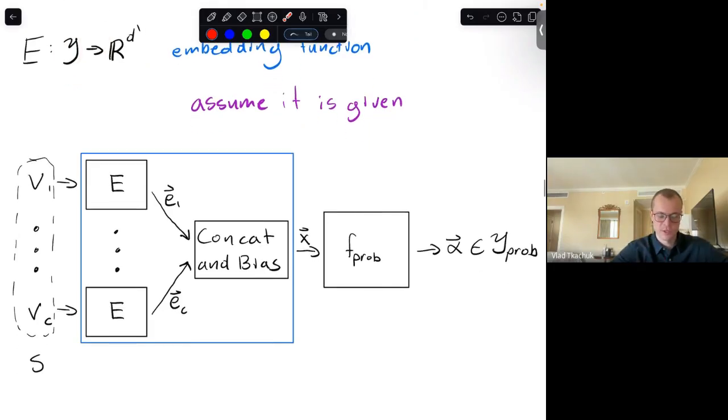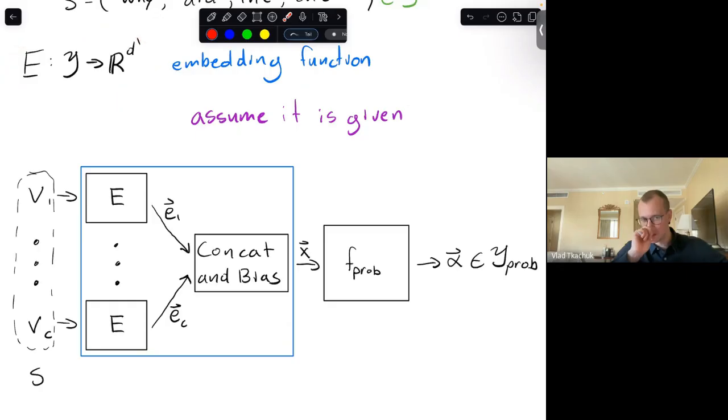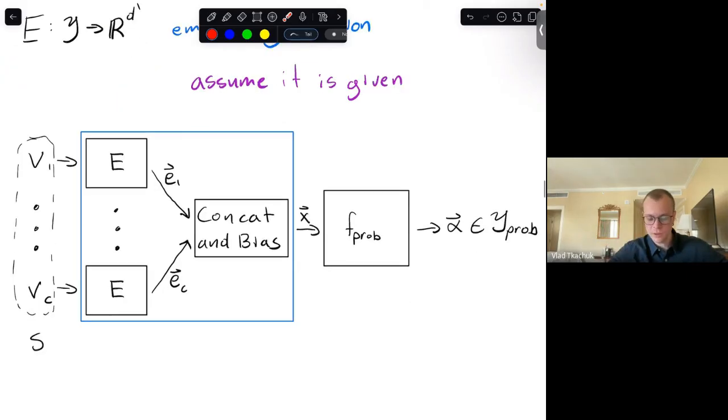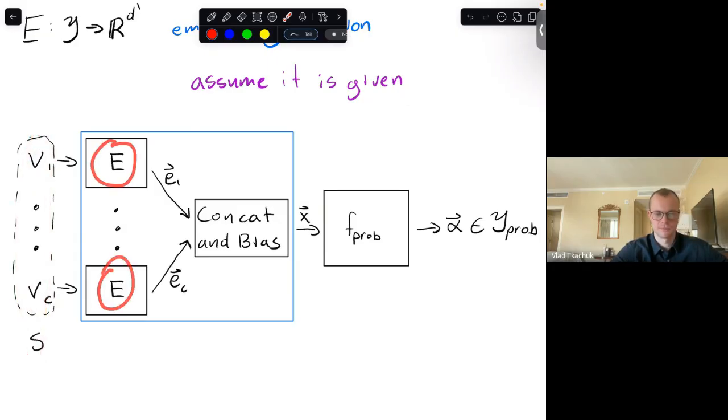Okay, before we get into understanding this, let's see how this would solve our problem. This F probability thing really wanted a vector as input, right? Because that's being passed into the neural network. So how do we produce this vector? You take the sequence of tokens, and each one of them you map through the same embedding function.